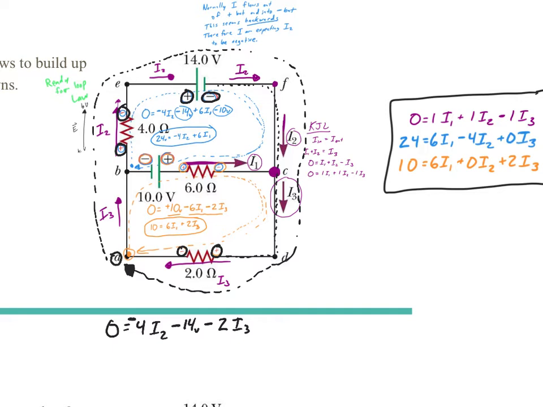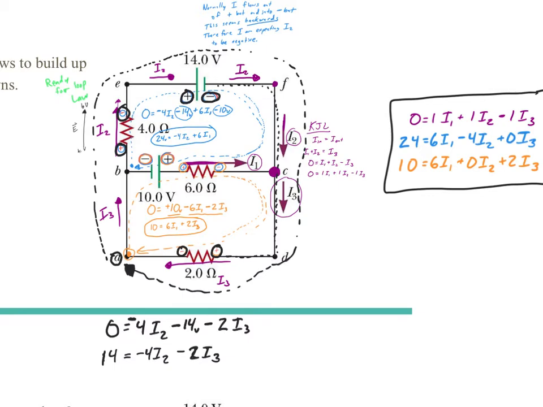I can rewrite this equation to be 14 is equal to negative 4I2 minus 2I3.